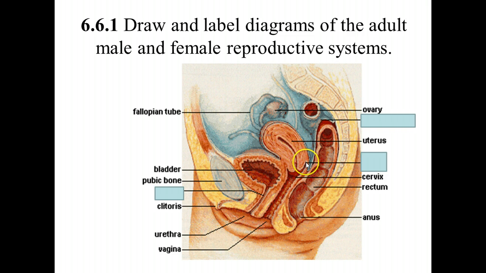Then there's the cervix, and the vagina, and then on the outside of the vagina, there's another diagram in just a moment. Then there's the labia. The couple of parts that are labeled in this diagram that are not part of the reproductive system are the bladder and the urethra, the pubic bone, and the large intestines and anus.